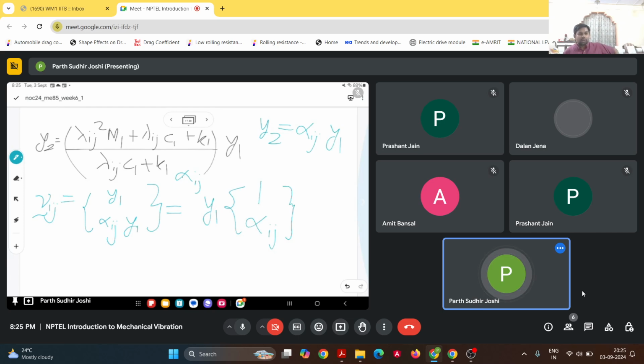So y1 can be any real number. So y1 is just a scalar multiplier. The actual vector, in its smallest reduced form, is fundamentally only 1 and alpha ij. So that is the eigenvector corresponding to the ijth root.